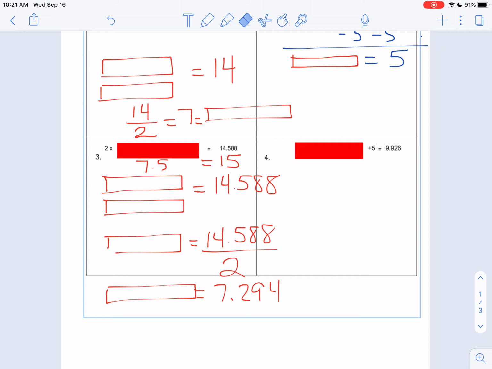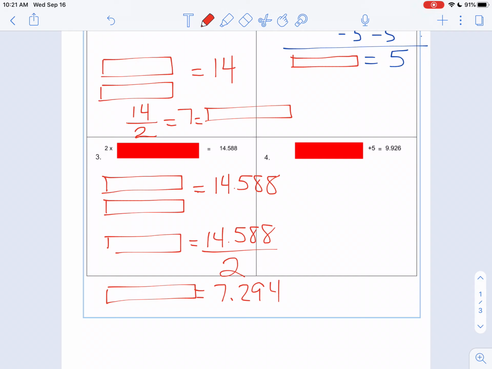So you could change your guess to 7.4, and that would give us 14.8. And then we could try 7.3, which would give us 14.6, and we'd be pretty close. But to get an exact answer, we have to use an algebraic method. So that's what we're going to have to do in grade 9 to solve equations.